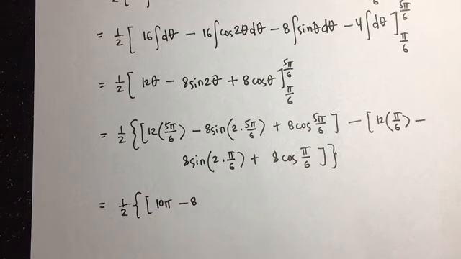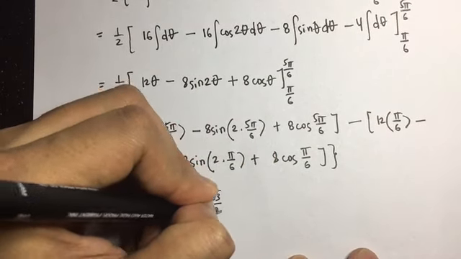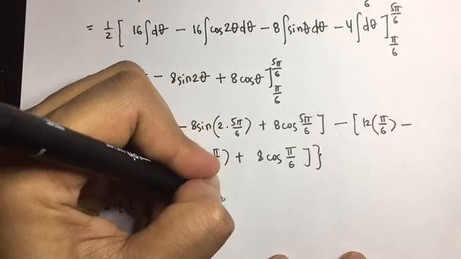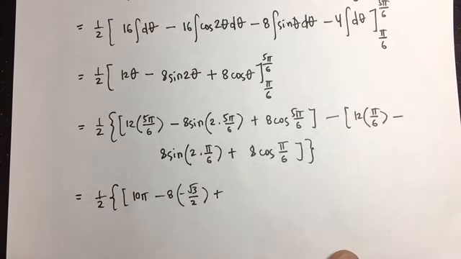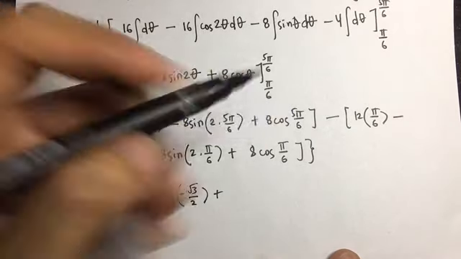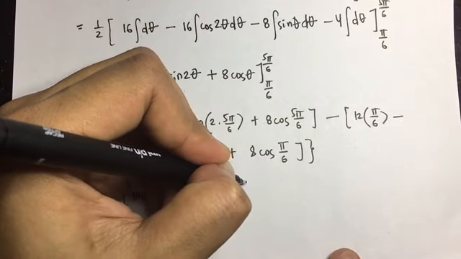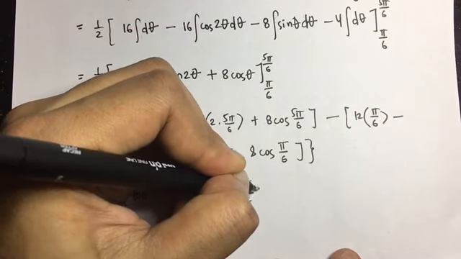So sine of 300 degrees, I think that is negative square root of 3 over 2, plus 8 cosine of 5 pi over 6. Cosine of 5 pi over 6 is negative square root of 3 over 2.